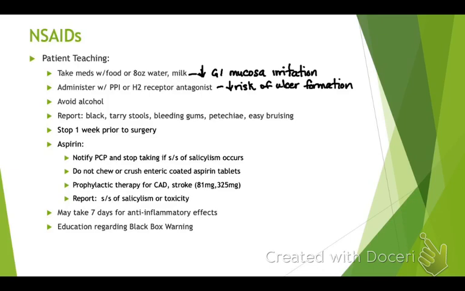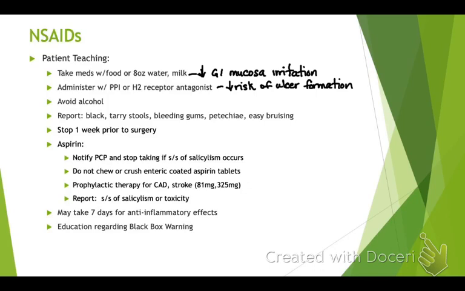You want the patient to avoid alcohol. You want them to know that they need to report black tarry stools, any bleeding gums, petechiae, or easy bruising. These are all signs of increased bleeding or signs of bleeding in the intestinal tract.